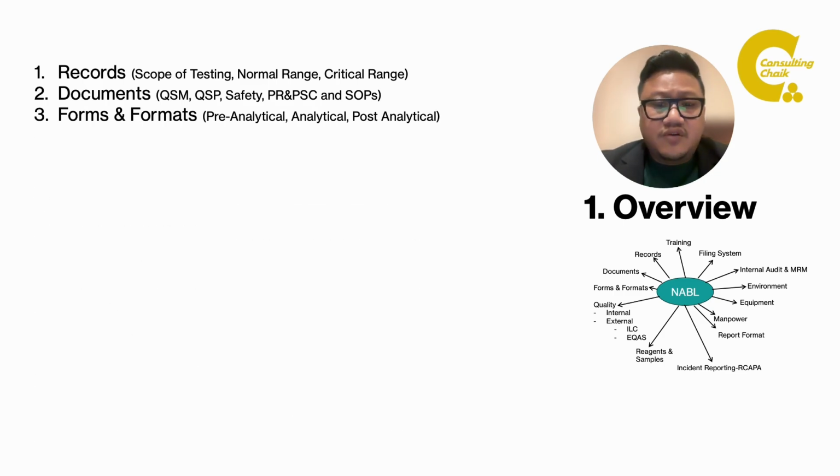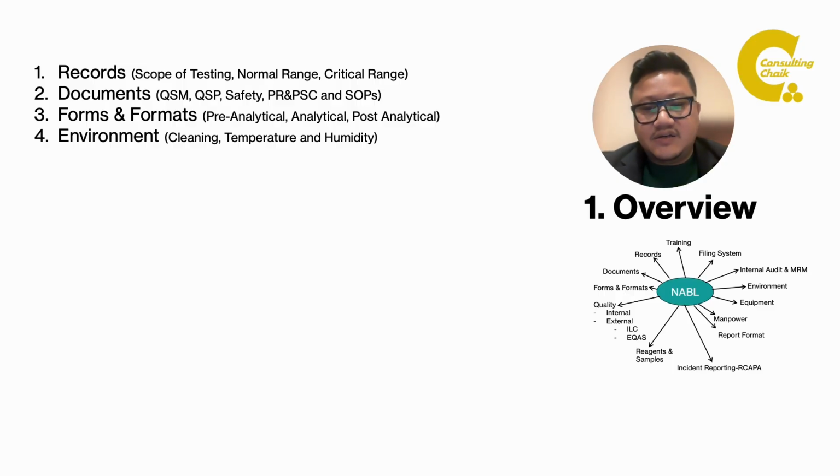Then come forms and formats, which can be categorized into pre-analytical, analytical, post-analytical, and as per the departments. Then you need to have certain records of the environmental condition. So temperature and humidity are an important aspect of it, and then the cleaning.